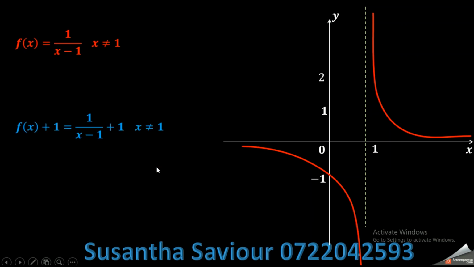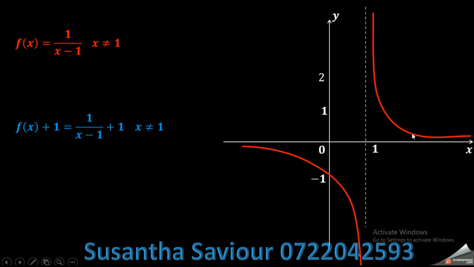We look at this f(x) plus 1. So this original function is added with 1. So we will shift this curve up by how many points? Tell me, how many points? 1 point. Yeah.